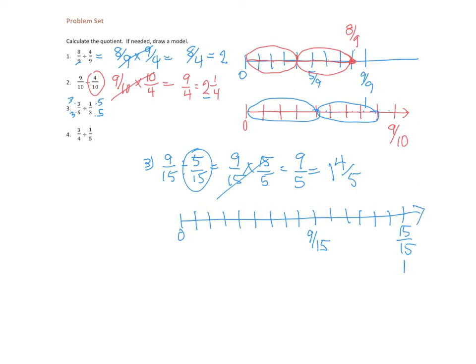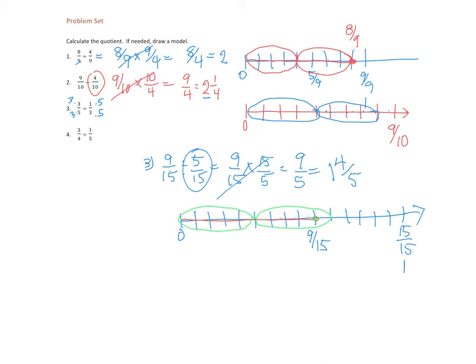Okay, but I only need to go to 9 fifteenths. So here we are. And of that, I'm going to chunk into groups of 5 fifteenths. So I will grab this. 1, 2, 3, 4, 5. There's one group. 1, 2, 3, 4. Oh, I have 4, but I don't have this last fifth to make 2. So that's my 1 and 4 fifths.